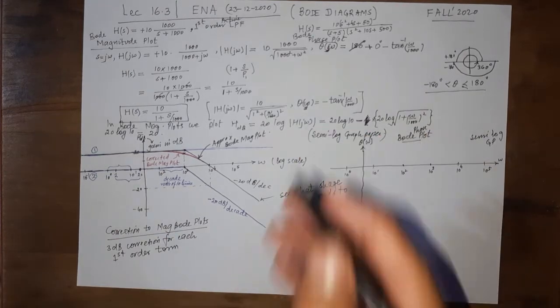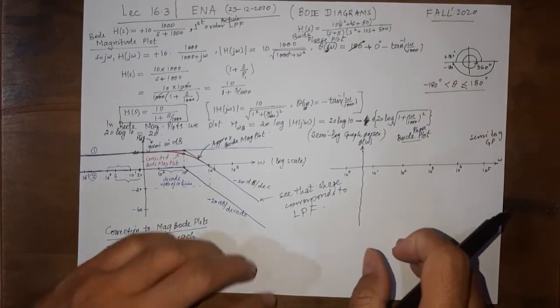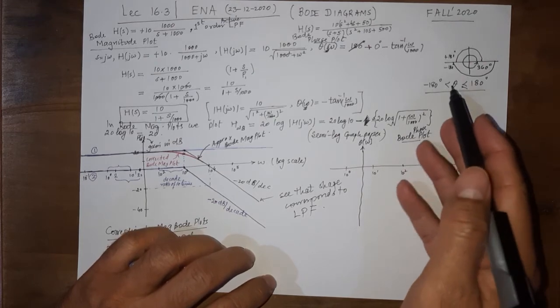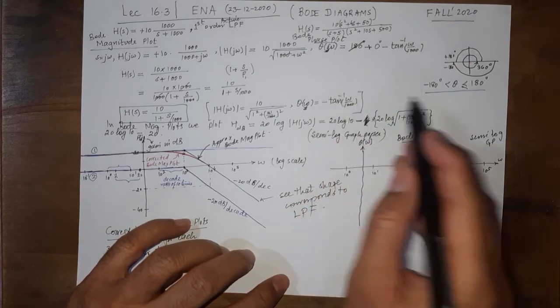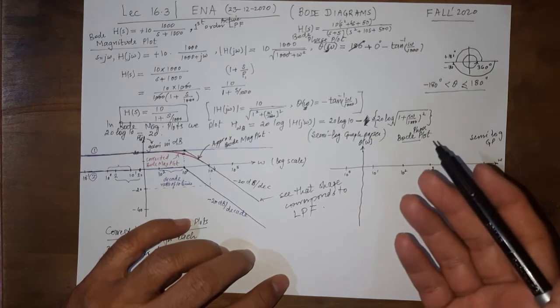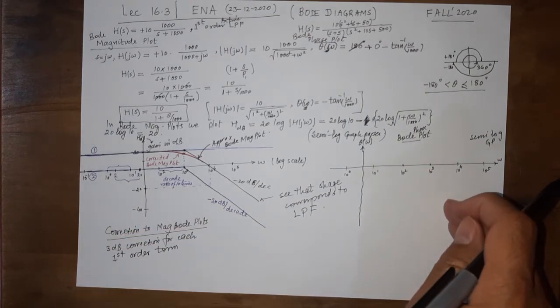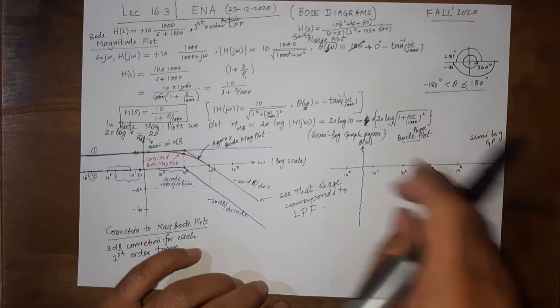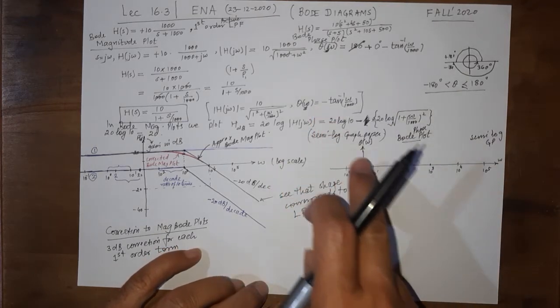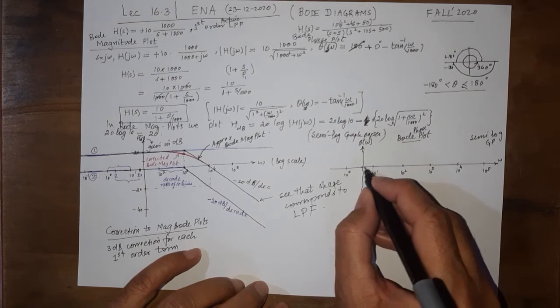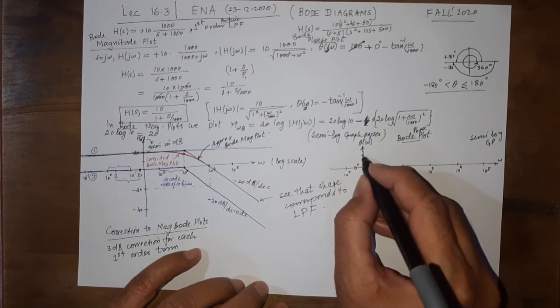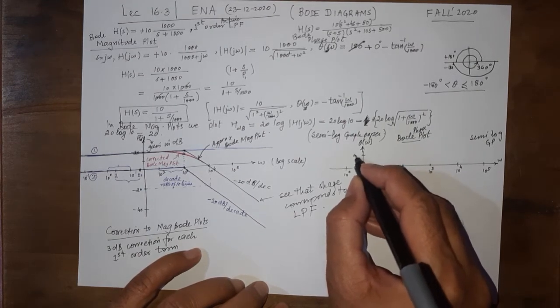So depending upon what we need to plot, we may not need all the range. For example, we know that a single tan inverse term is limited within 0 and 90 degrees. However, this is with the negative sign, so between 0 and minus 90 degrees. So we are going to deal with a 0 degree line, say 45 degrees plus.